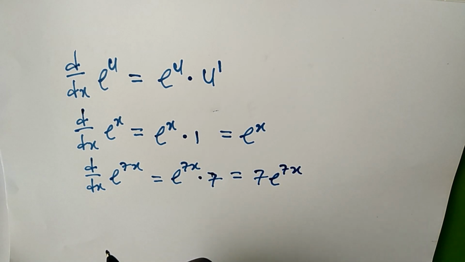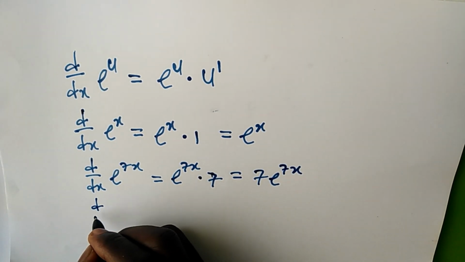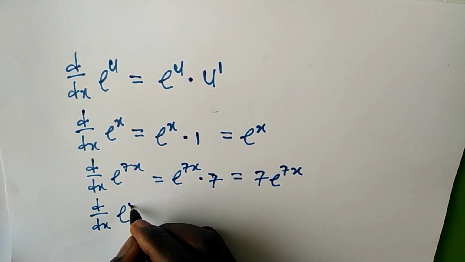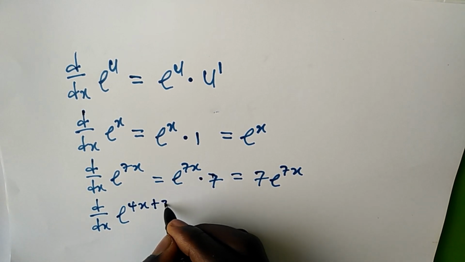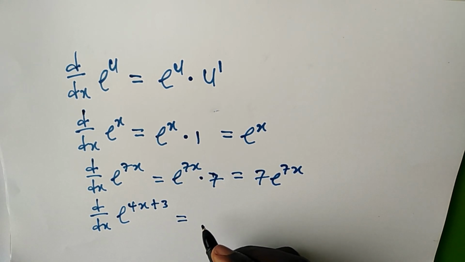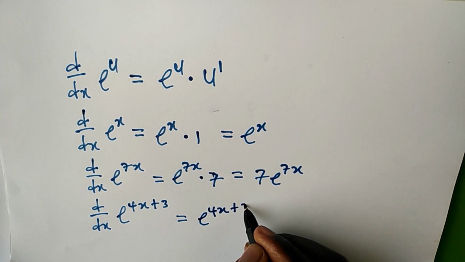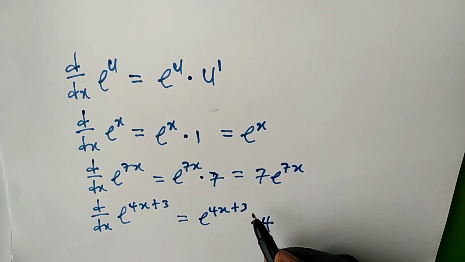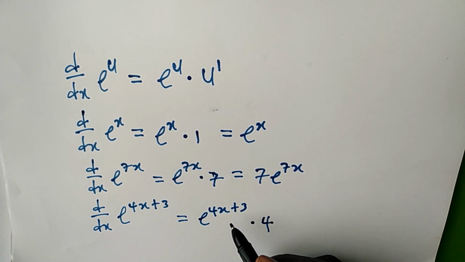Let's take another one. Next, we have d over dx of e raised to power 4x plus 3. To find the derivative of this exponential function, we say e raised to power 4x plus 3, multiplied by the derivative of 4x plus 3, which is 4, because the derivative of a constant is 0 and the derivative of x is 1. 1 times 4 is 4.